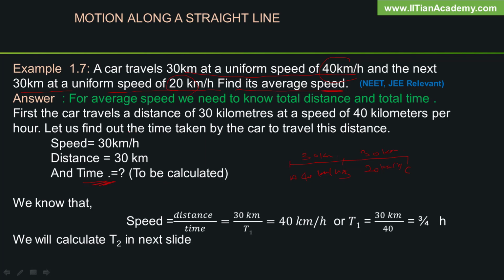We have to remember that average speed is total distance covered divided by total time taken. We are given distance and speed, hence time is calculated. For the next part, we will calculate time for the next 30 kilometers.